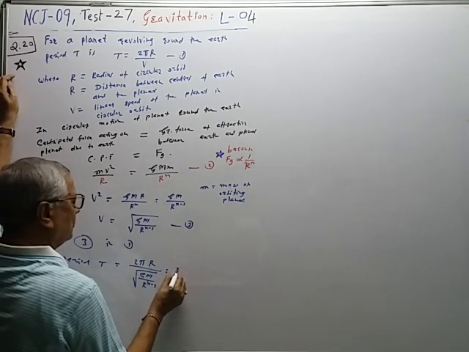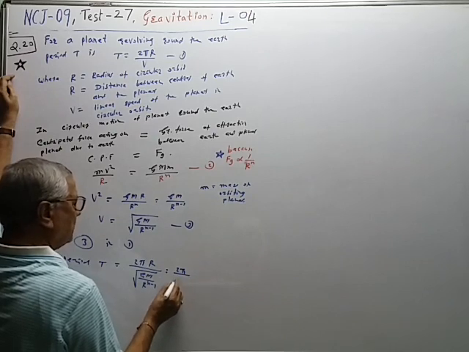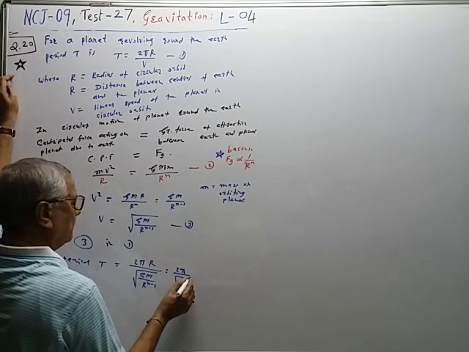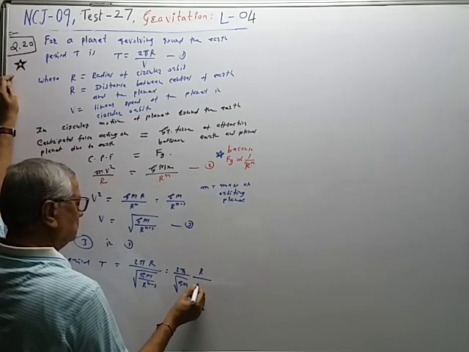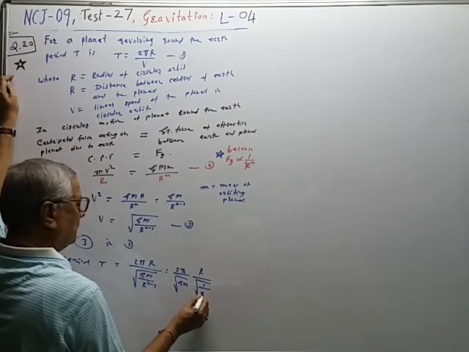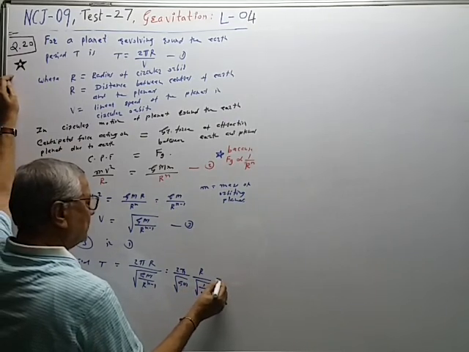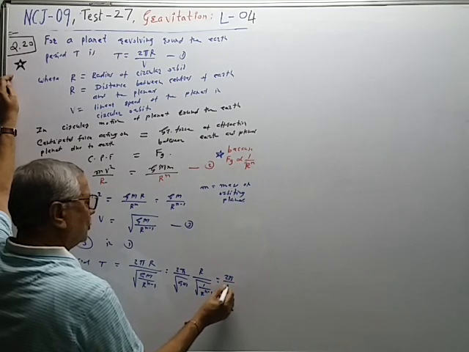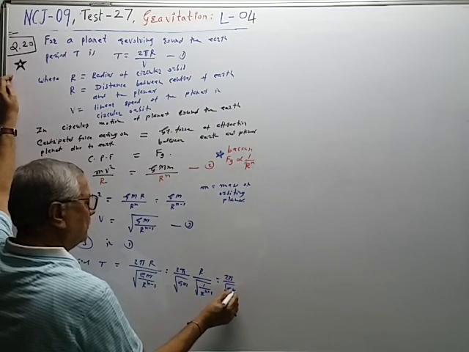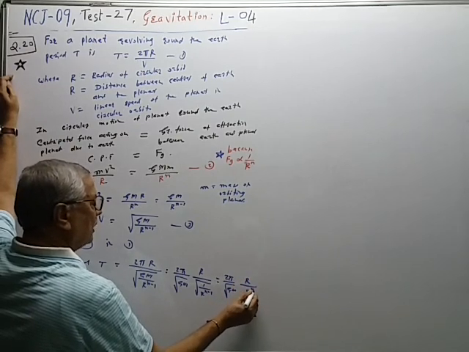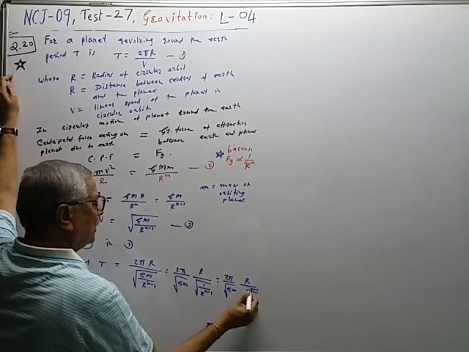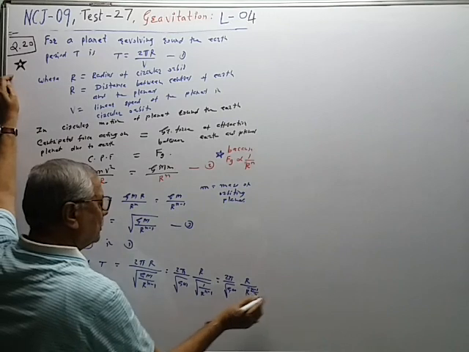So this is equal to 2 pi multiplied by under root GM, r upon under root 1 upon r raised to n minus 1, that is equal to 2 pi upon under root GM, r upon r raised to minus n minus 1 half by 2.